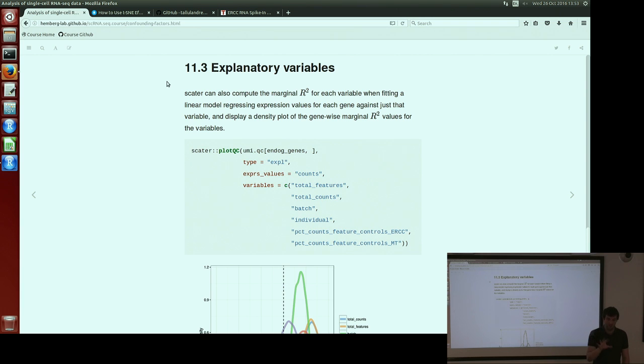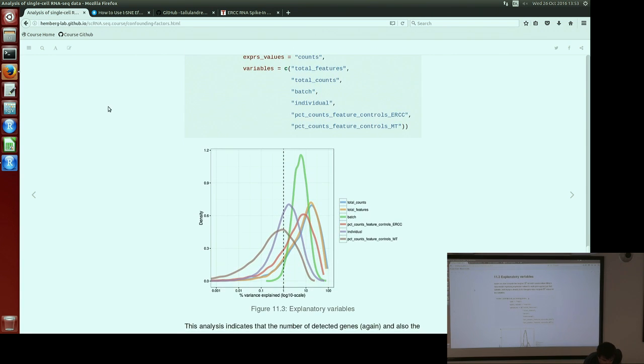What this plot shows then is the density of that distribution of R squared values for each of these different variables of interest, when we fit that linear model with only that particular variable as a predictor.